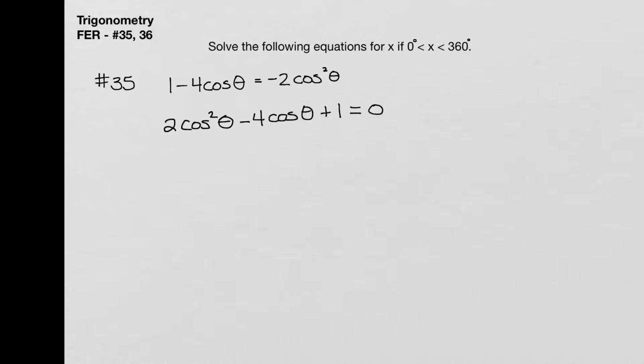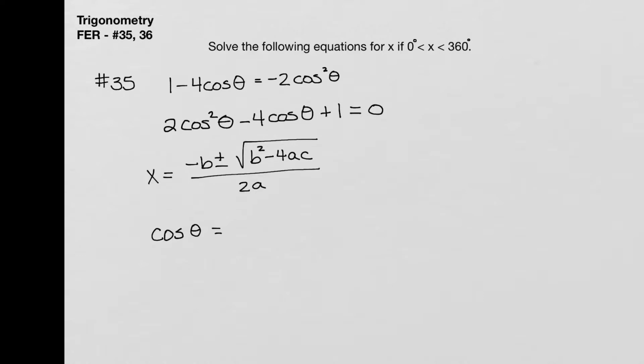And the quadratic formula, if you remember, is x equals -b plus or minus the square root of b squared minus 4ac all over 2a. So instead of x, we really have cosine theta. That's what's being squared.